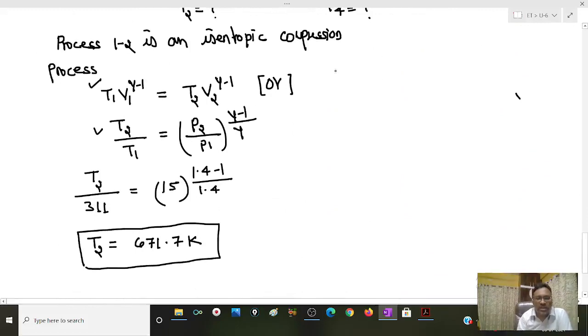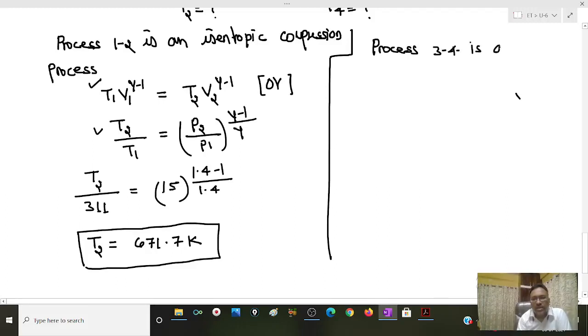Now similarly, process 3 to 4 is an isentropic expansion process.